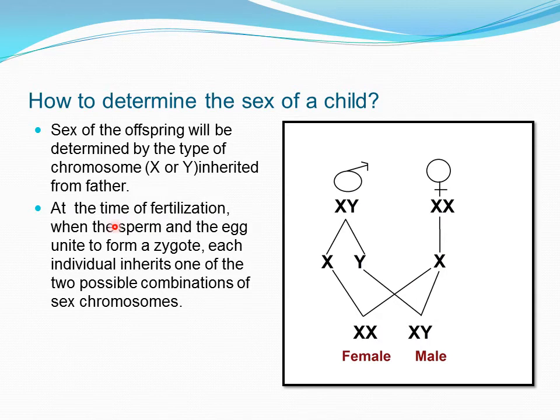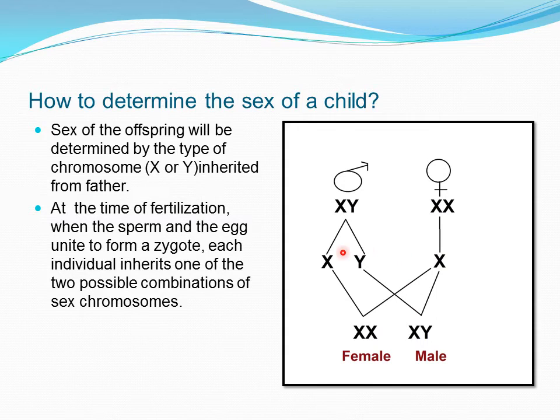Now what is happening at the time of fertilization, when the sperm and the egg unite? A zygote is formed, and each individual inherits one of the two possible combinations of sex chromosomes. When the sperm containing the X chromosome unites with the egg, which is obviously X, then XX, a female, is formed.